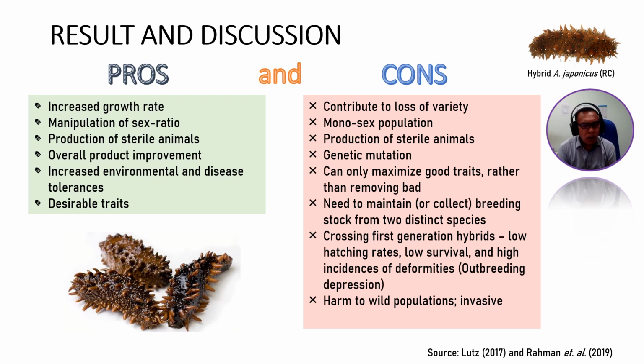Production of sterile animals is both pros and cons, because if we look at the bright side, it can reduce unwanted reproduction to improve growth rate by channeling energy away from reproduction.